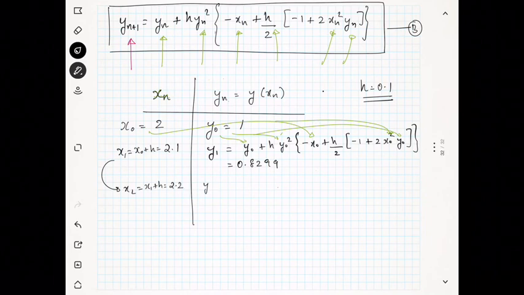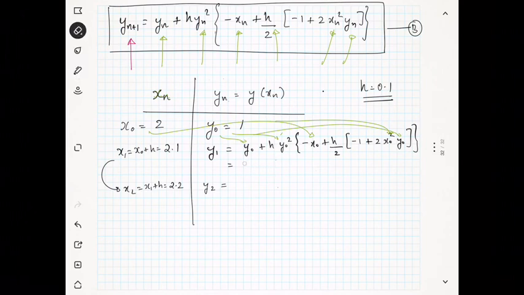For 2.2 we will calculate y_2. Sorry, I have made a mistake here. The value that you are going to get is 0.835.